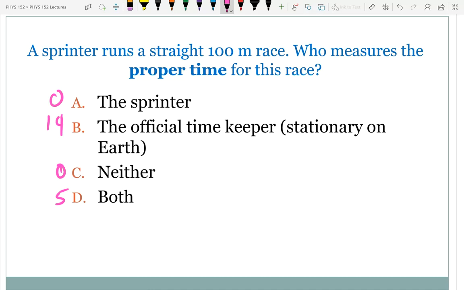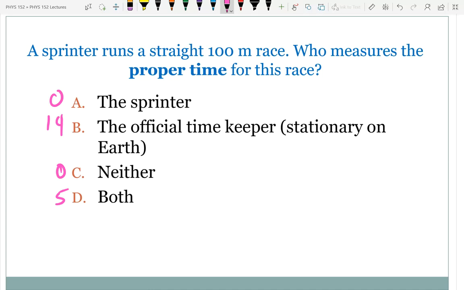Okay, so why is it the sprinter? What was our rule for measuring the proper time? Well, stationary, with the starting and ending points the same place.